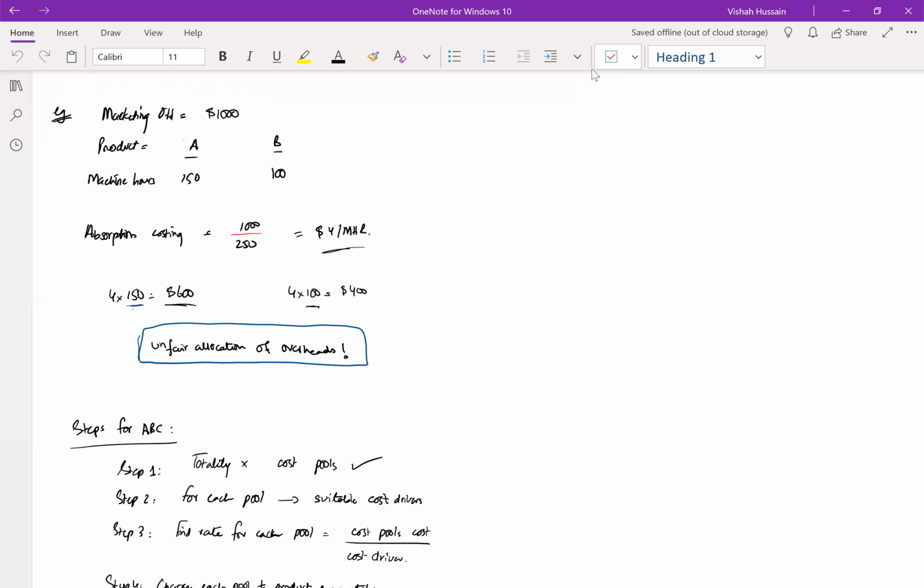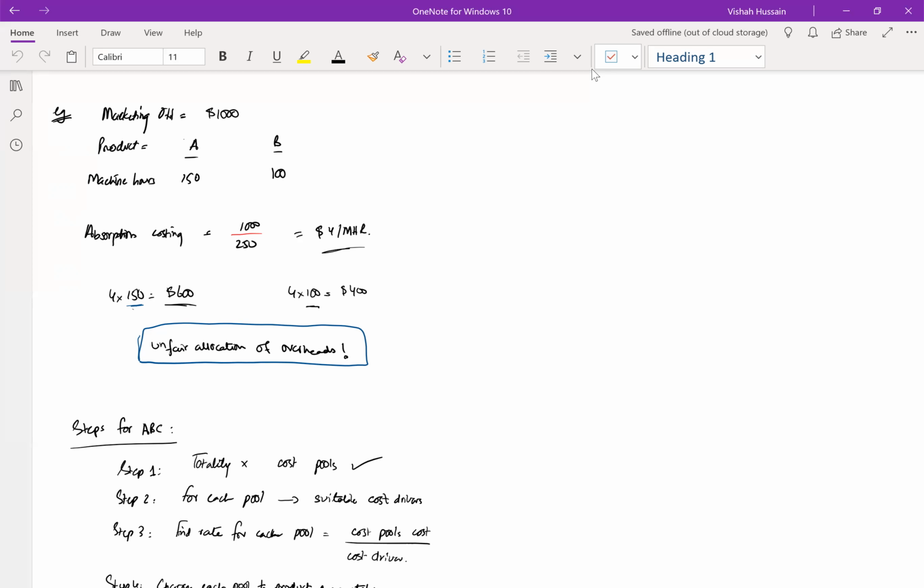However, what if marketing overheads is a cost that is coming from labor hours more than machine hours? Similarly, what if there were a range of overheads? For example, we were incurring overheads from the marketing department, from the finance department, from the production department, from the purchasing department. Okay.